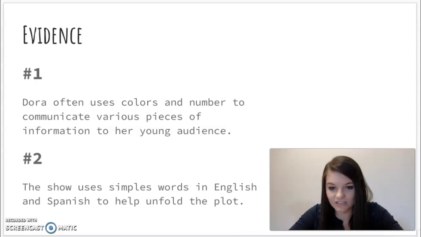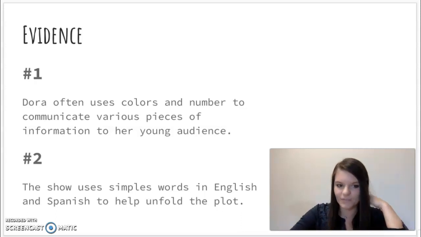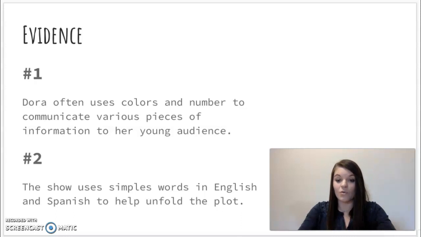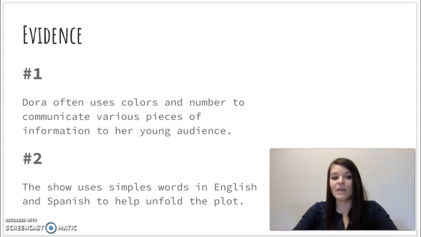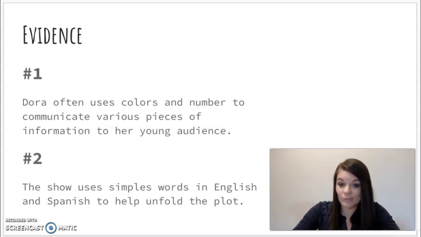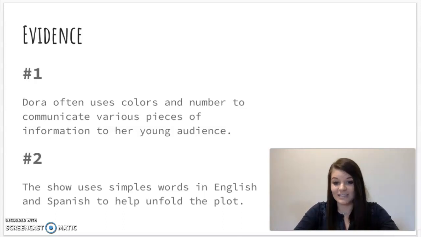And if you've never seen Dora, just take my word for it. Lots of colors and numbers, which is what helps little kids learn. My second piece of evidence is the show uses simple words in English and Spanish to help unfold the plot. Keyword there is simple, right? Younger kids don't really know big words, okay? So it uses simple words in English and Spanish.